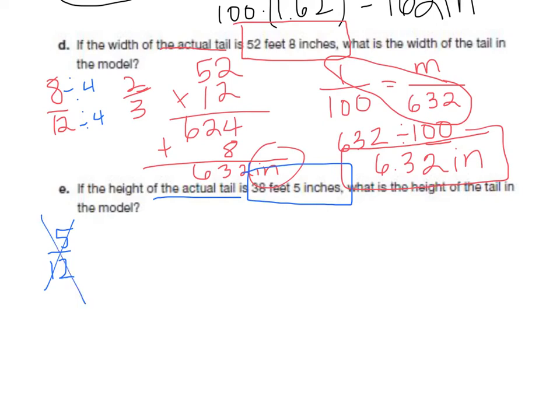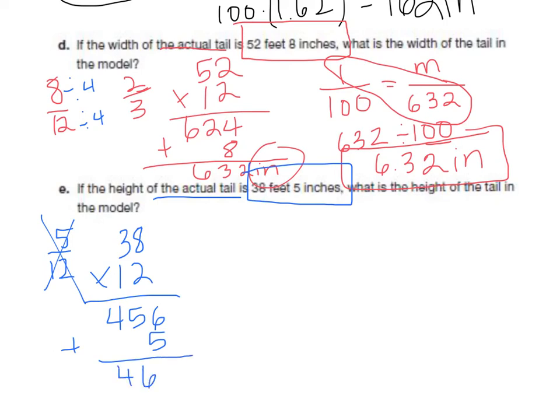So let's take 38 times 12 inches per foot, and that gives us 456 inches. My handy-dandy assistant is on the ball this time. Plus the 5 inches that they gave us gives us 461, and that's inches.